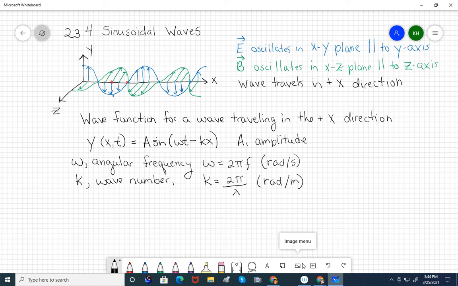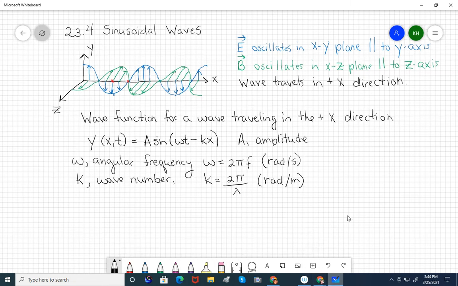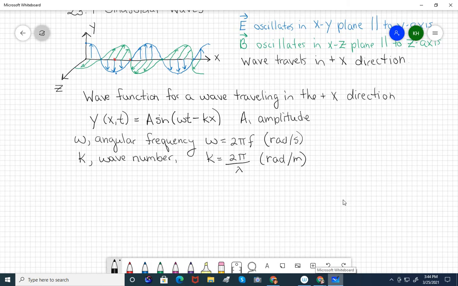So what we really get is two new equations. We get one for electric fields. I'll write it in blue just to be kind of consistent. The electric field as a function of x and time is equal to the maximum value of the electric field, that's what we think of as an amplitude, whatever that maximum value is, times sine(omega t minus kx).